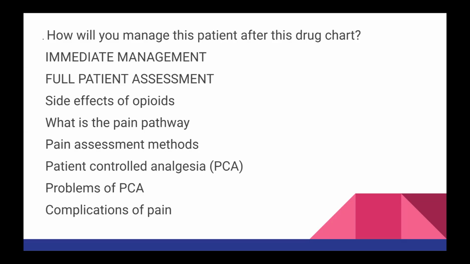Can you elaborate what problems can happen with patient-controlled analgesia? There can be overdosage, but there is a lock system to administer a particular dosage only in a particular period, and the dose cannot be repeated within a certain time period. So overdosing can be blocked with the lock system.